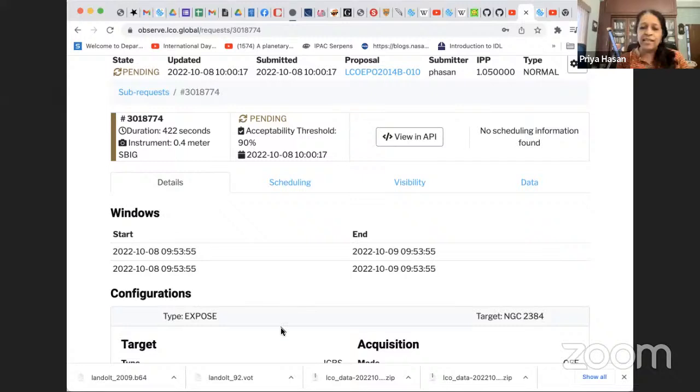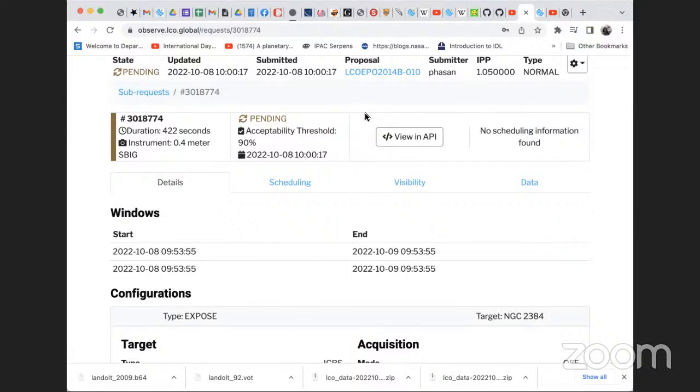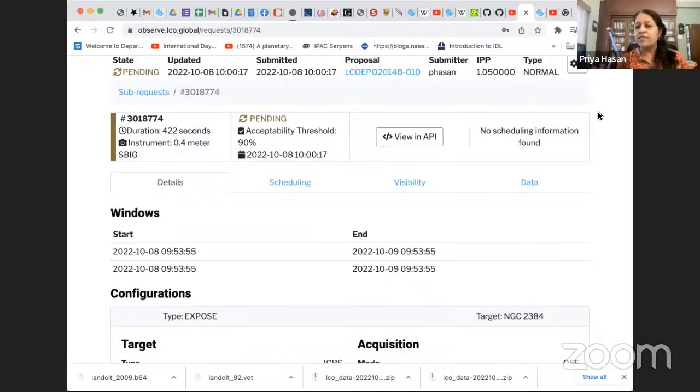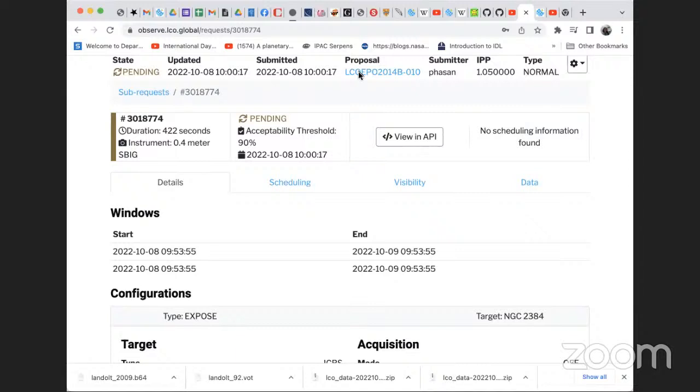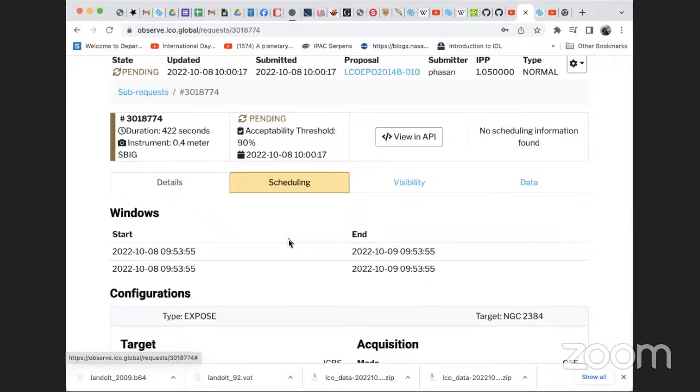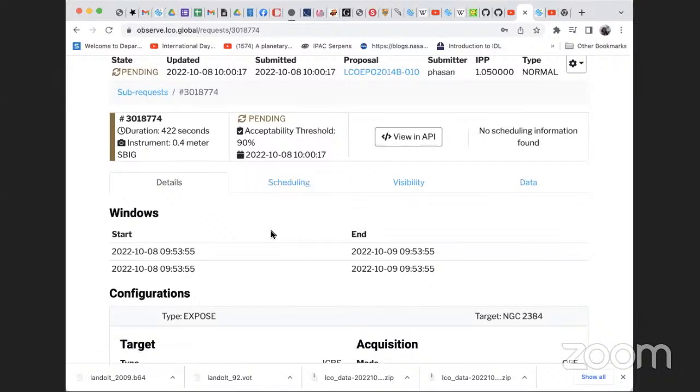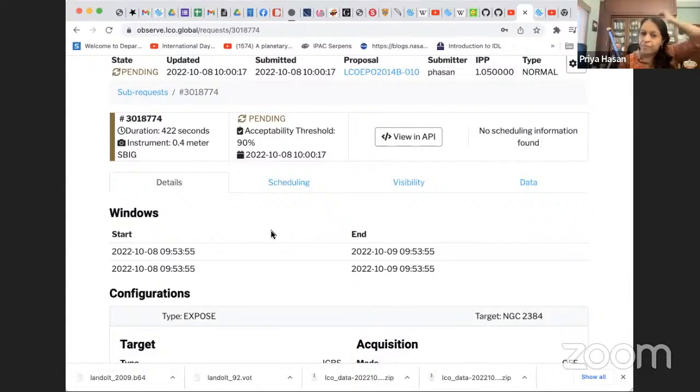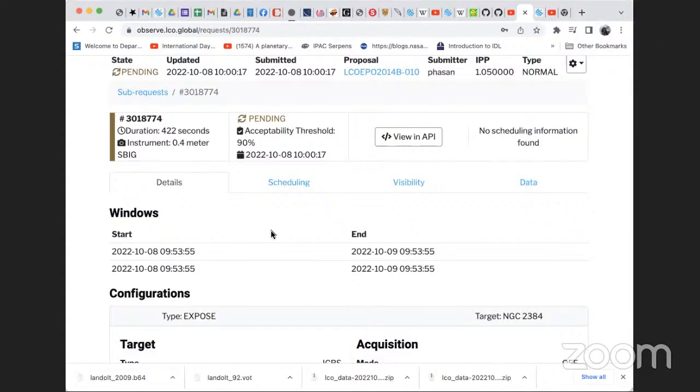Does anybody want to ask any question, or should I proceed? Can you cancel the observations? Rita, you want to ask a question? Everyone can hear me. Sorry, there was some audio problem also. Oh, there are questions. Very good. Yeah, Rita, now you can ask your question. After submitting the request, is it possible, if something happens, to cancel it?